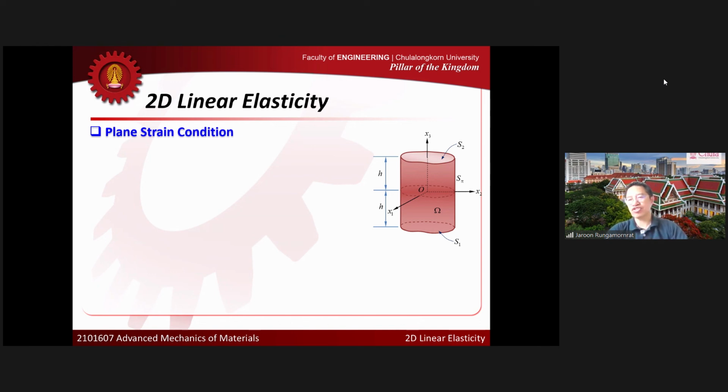These two conditions are very well known in 2D linear elasticity. So next time I will talk about this. If you have time, please go back and read the note that I gave you. Prepare yourself before you come to class, so I can discuss these two concepts faster.